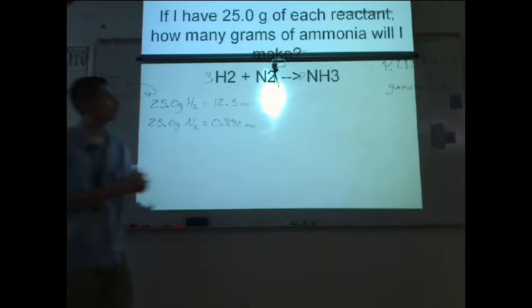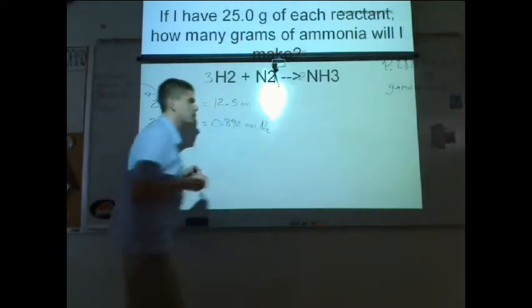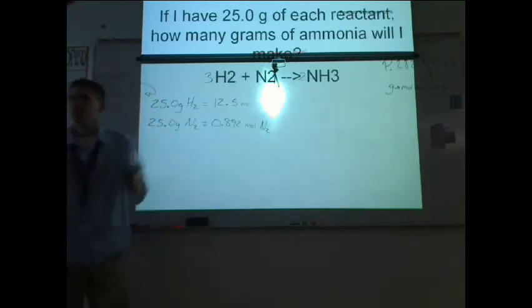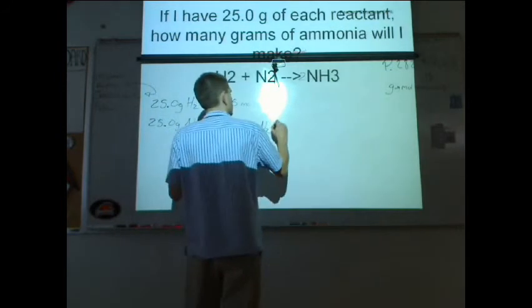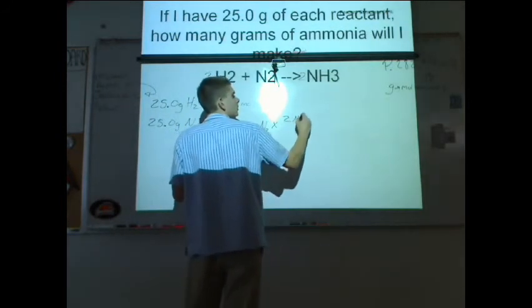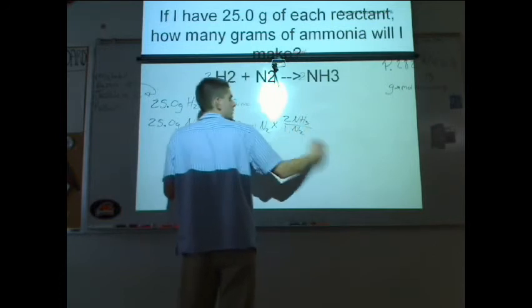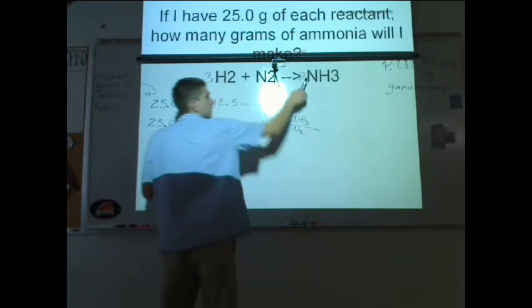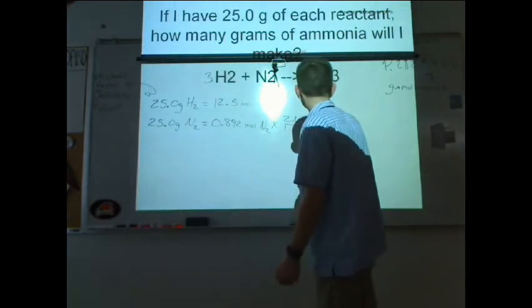So if you have that many moles of nitrogen, how do you figure out how many moles of ammonia you're going to have? Multiply by 2, because there are 2 ammonia for every 1 nitrogen. Do that, and you're going to get what?